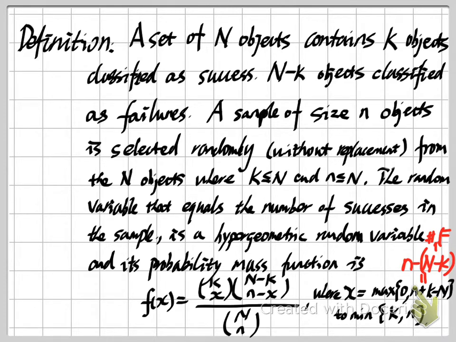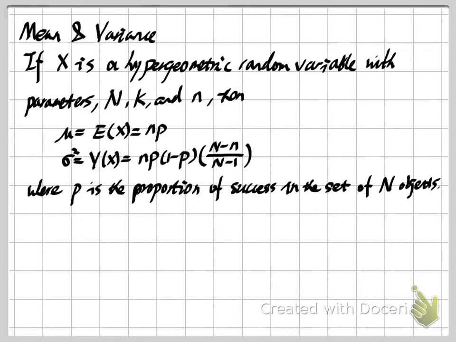hypergeometric random variable. After we have this, similar to our previous lecture, I want to give two important properties of our random variable: the mean and variance.